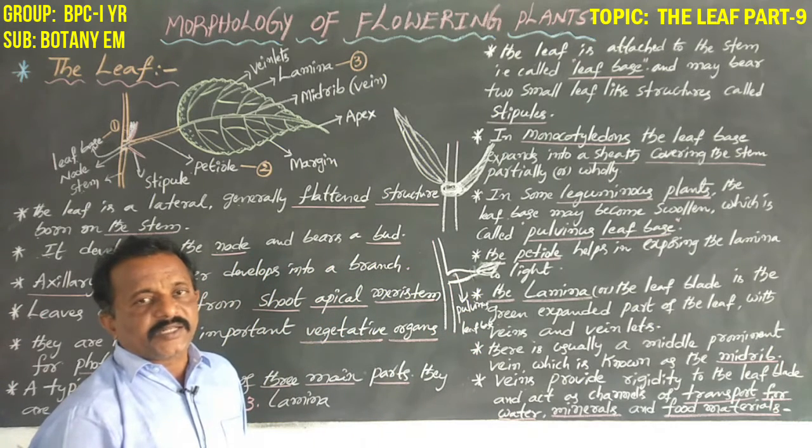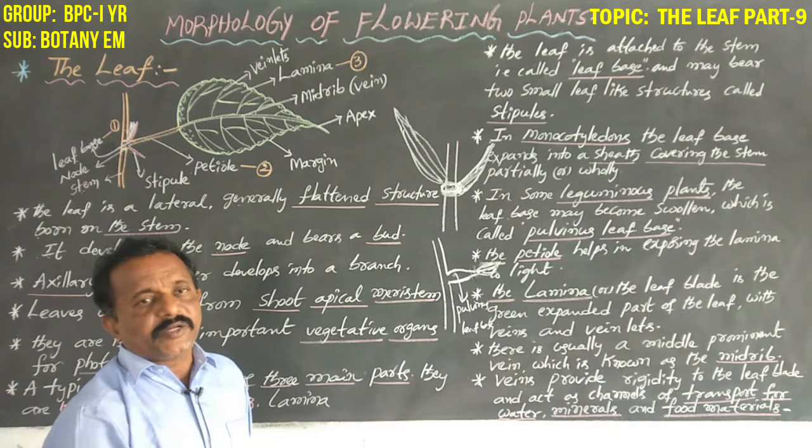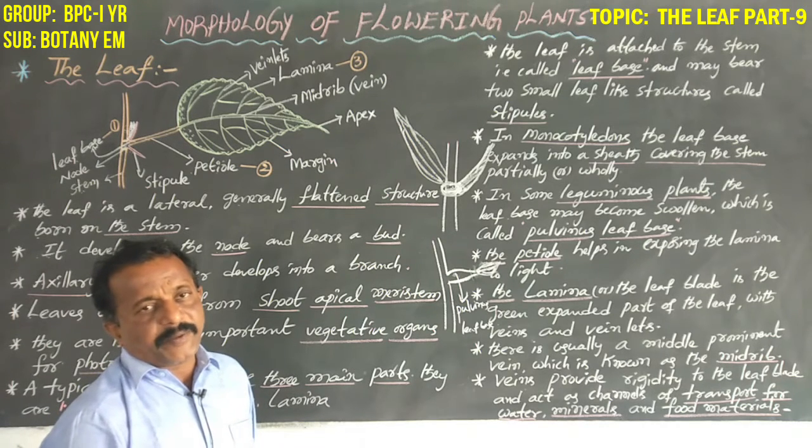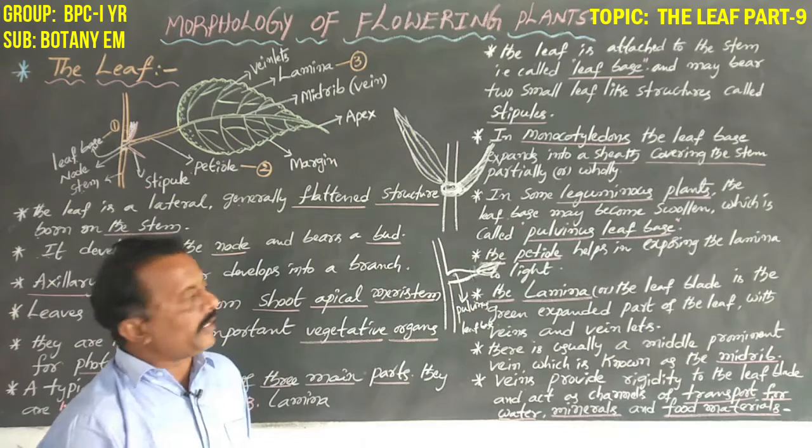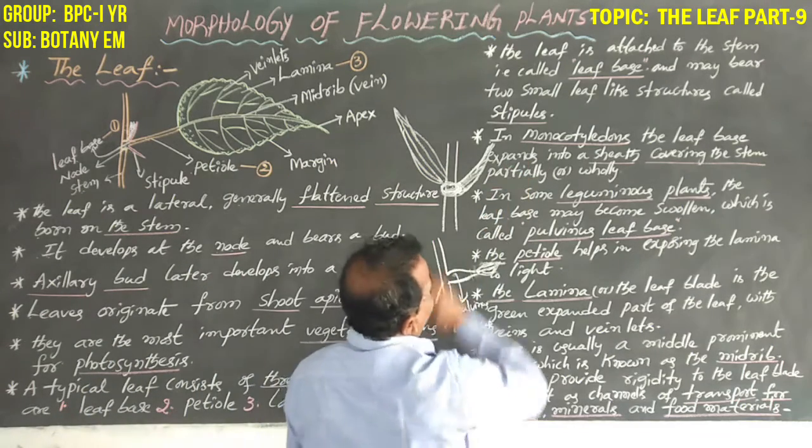The pulvinous leaf base is seen only in leguminous plants or Fabaceae family members.